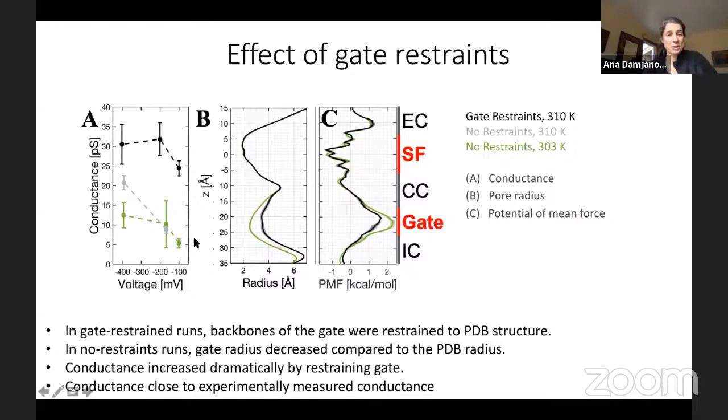While those where the gate collapsed, so these are unrestrained, the conductance is much smaller. So here in this plot, you can see the radius of the gate shrinks, and this is what it is when it's constrained. And of course, we're also showing the potential of mean force for this.